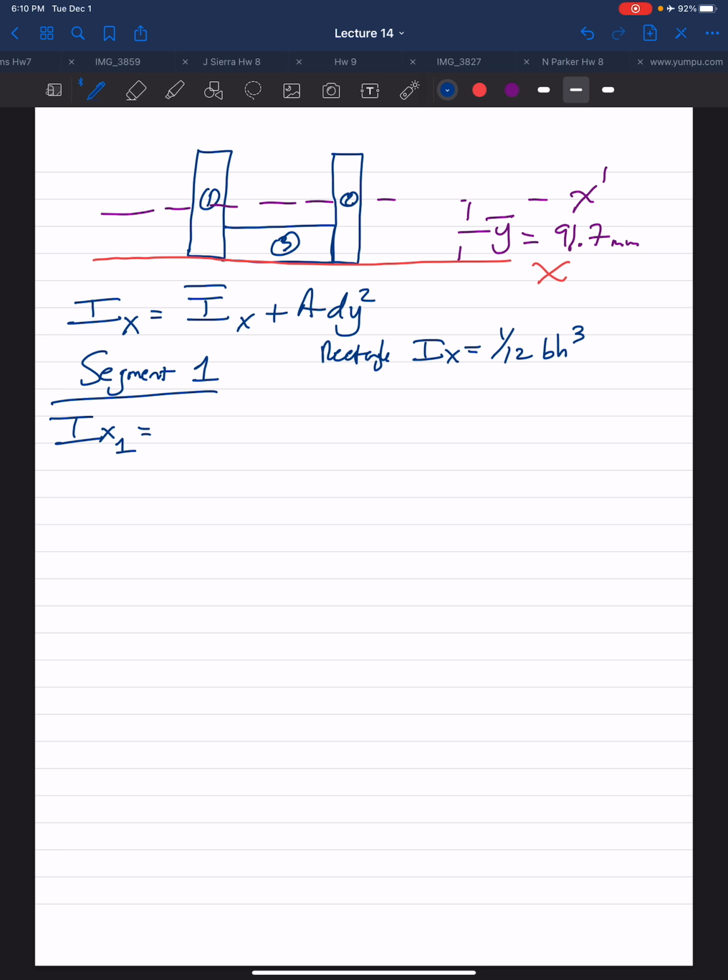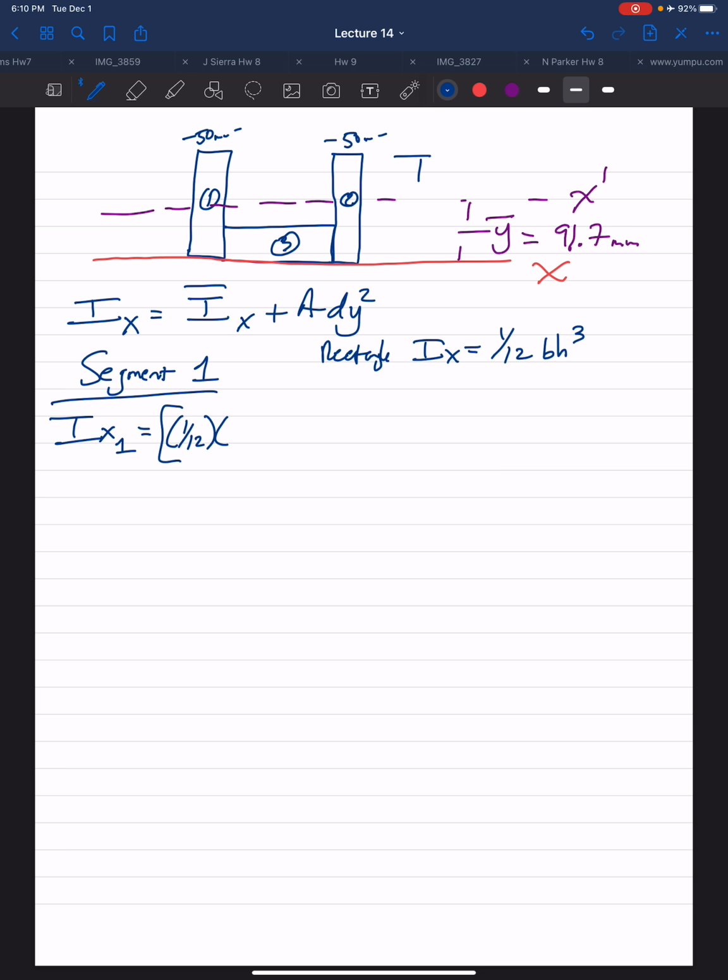So I bar sub x for the first segment will be 1/12 times the base, which is 50 millimeters.